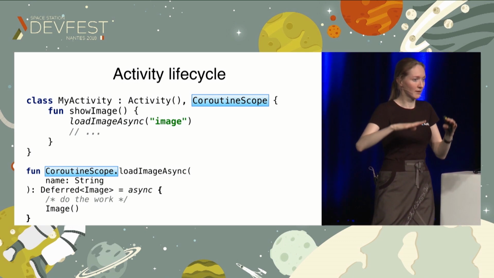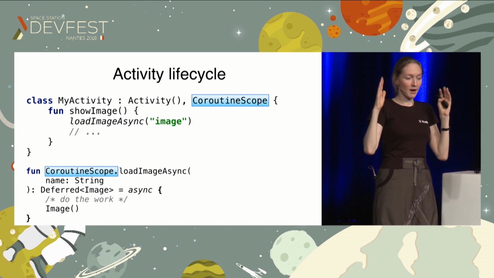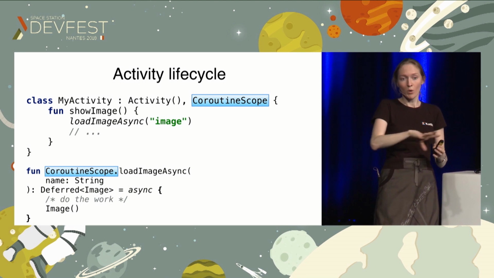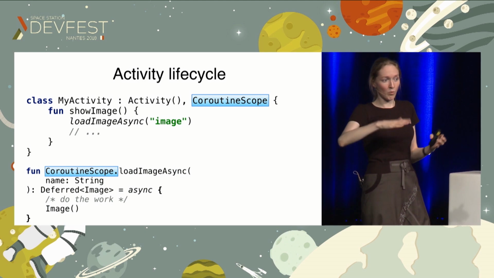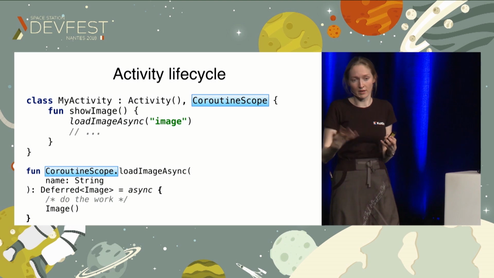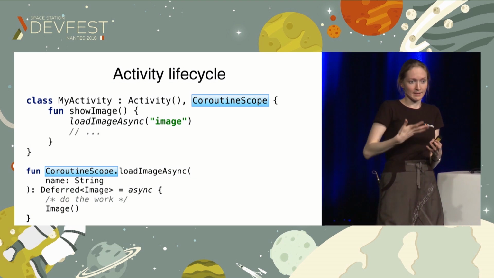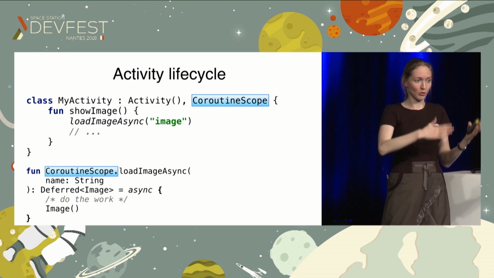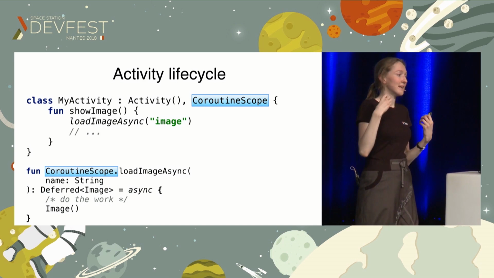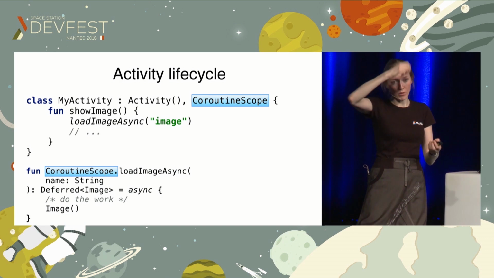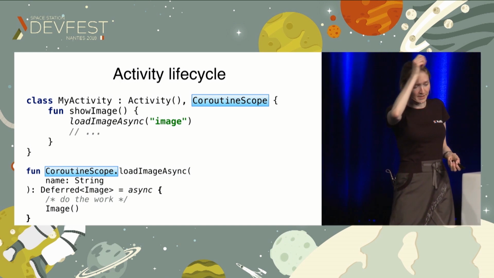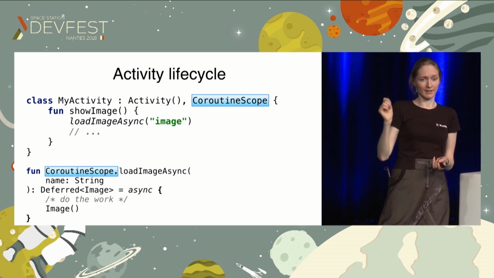If we are talking about Android, such an object is an activity. So an activity is an object with a well-defined life cycle. When we're talking about some other frameworks, there is usually something with a life cycle too. And we can bind all our child coroutines to this life cycle.